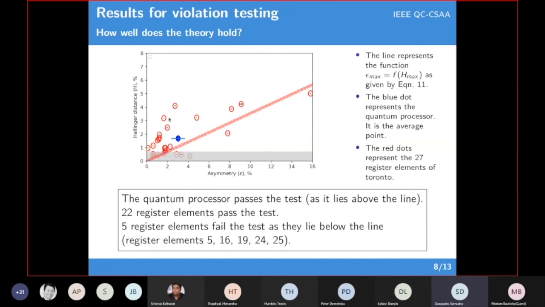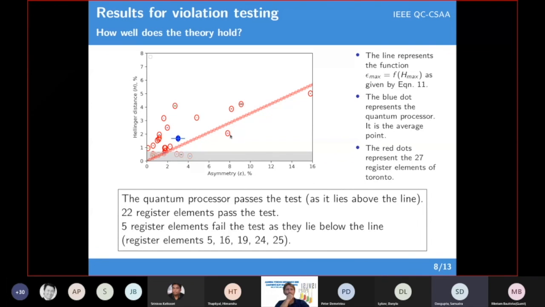They represent the 27 qubits of Toronto. If the red dots lie above this line, then the theory holds. We see that there are 22 register elements which pass the test. The quantum processor itself passes the test, but there are 5 register elements which fail the test.